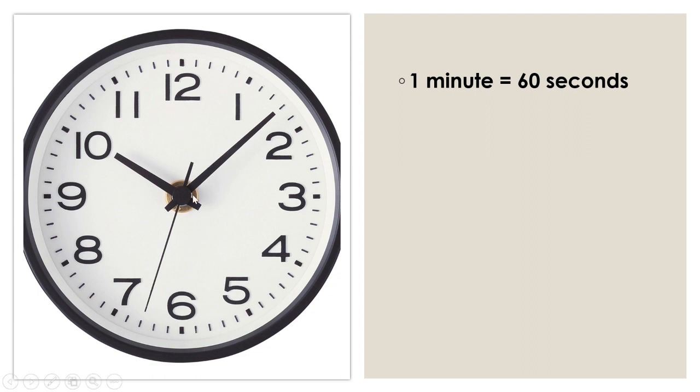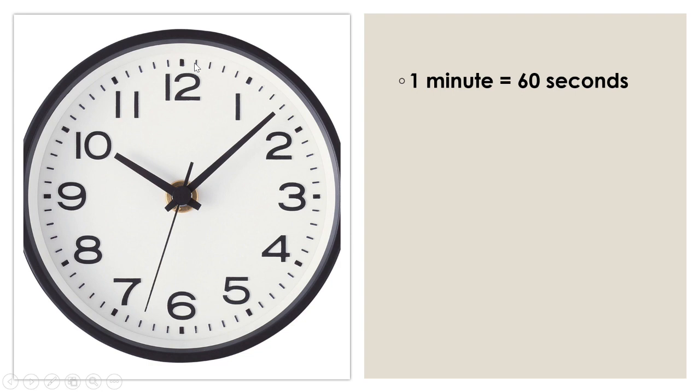Now, if you look at the minutes hand, when it starts from 12, in 1 minute, it will reach from 12 to this first division and the time taken will be 1 minute.